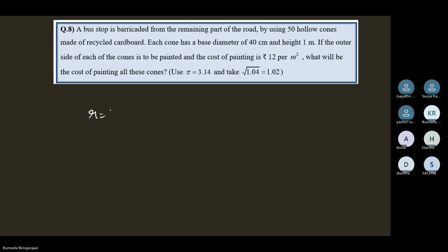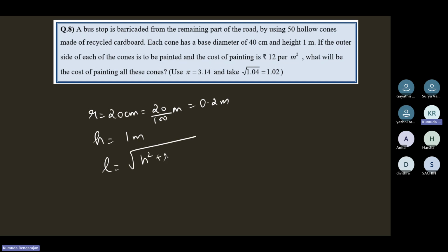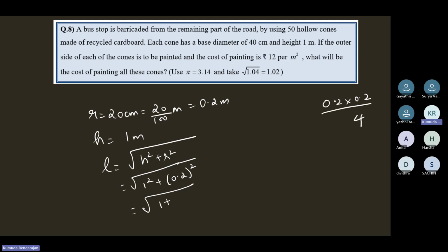What's the radius? 20 centimeters, which is 20 by 100 meters or 0.2 meters. Height 1 meter. L is equal to square root of h square plus r square, which is equal to square root of 1 square plus 0.2 square, which is equal to square root of 1 plus 0.2 into 0.2. 2 twos are 4, 2 decimal places, 0.04, which is square root of 1.04.